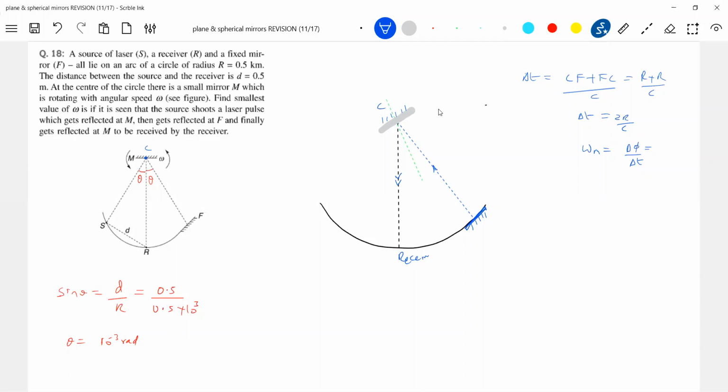Let me take some other angle. How to calculate this angle? How much should I rotate the mirror? Theta by 2, because this will become the normal, so this will be theta by 2, theta by 2.